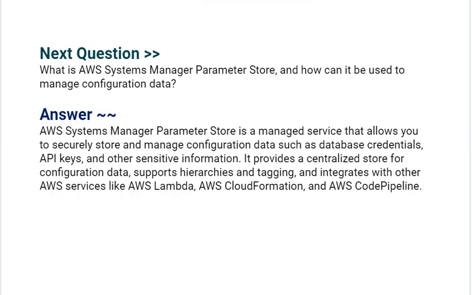Our next interview question is: what is AWS Systems Manager Parameter Store and how can it be used to manage configuration data? Your answer should be AWS Systems Manager Parameter Store is a managed service that allows you to securely store and manage configuration data such as database credentials, API keys, and other sensitive information.